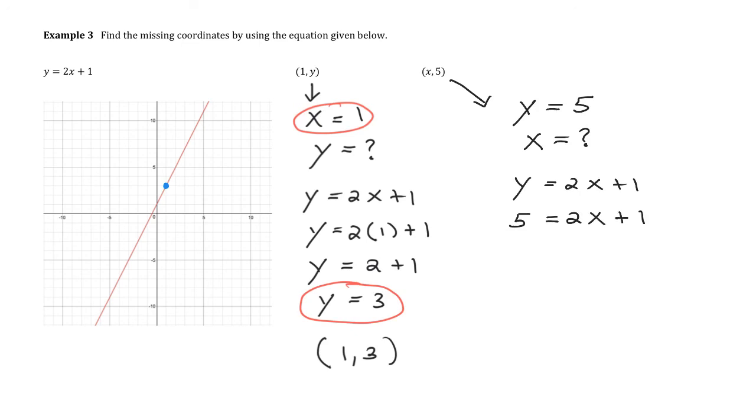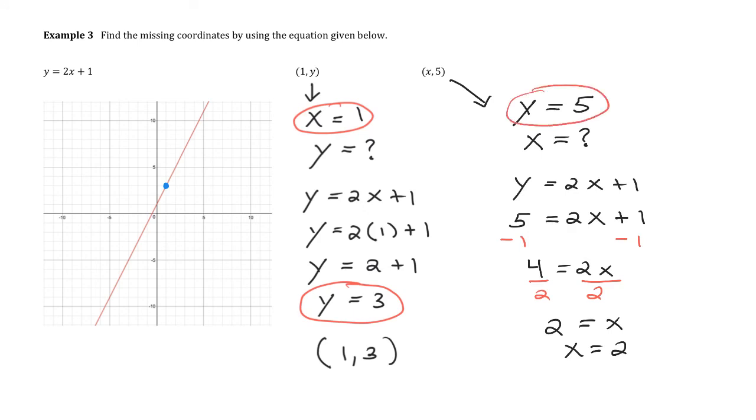To solve this equation, I'll subtract 1 from both sides. I get 4 = 2x. I'll divide both sides by 2, and I get my final answer. 2 is x, or if you'd like, x is 2. So that means if y is 5, x must be 2. If I write that as a point, that's (2, 5).